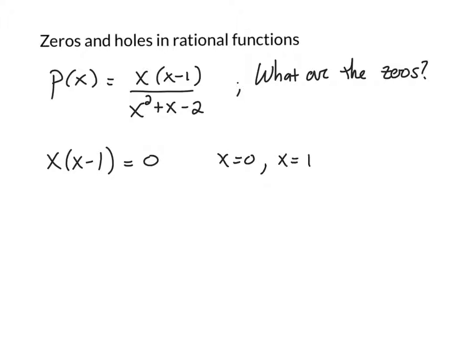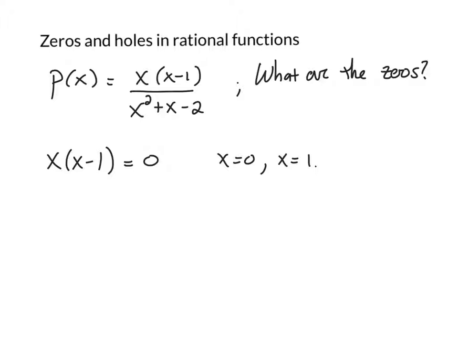So a common mistake is for people to just stop right here and say, well, the zeros are x equals 0 and x equals 1, but this would be a mistake because we have to remember to check against the denominator, because if we are also going to divide by 0 in one of these cases, that would be bad. So I can see right away that if I plug 0 into my denominator, I'm not going to get 0 because I have a constant term here as negative 2.